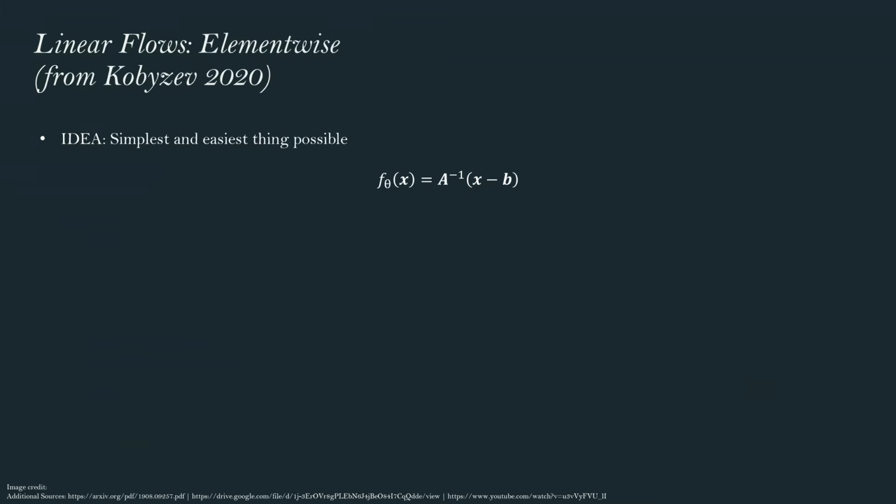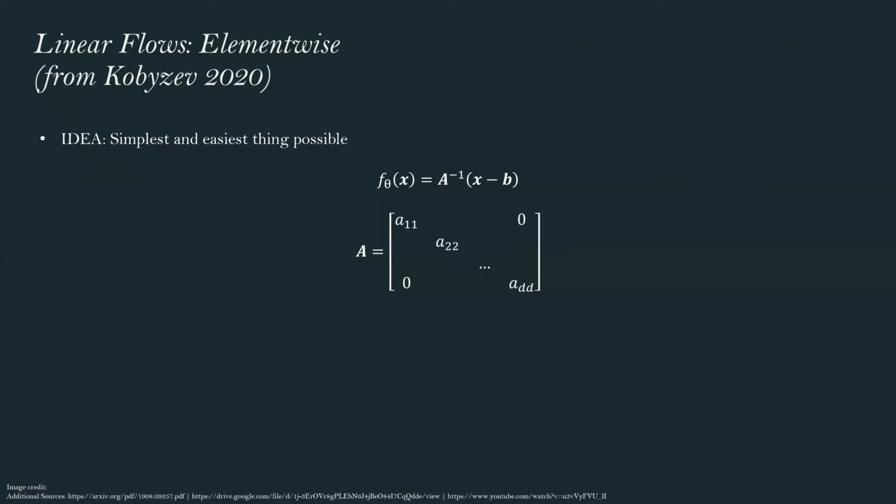Okay, yeah. This is just the simplest thing possible. The idea here is to ensure that matrix A is diagonal, because it's just going to be element-wise. So every z sub i is just going to be a function of x sub i, right?